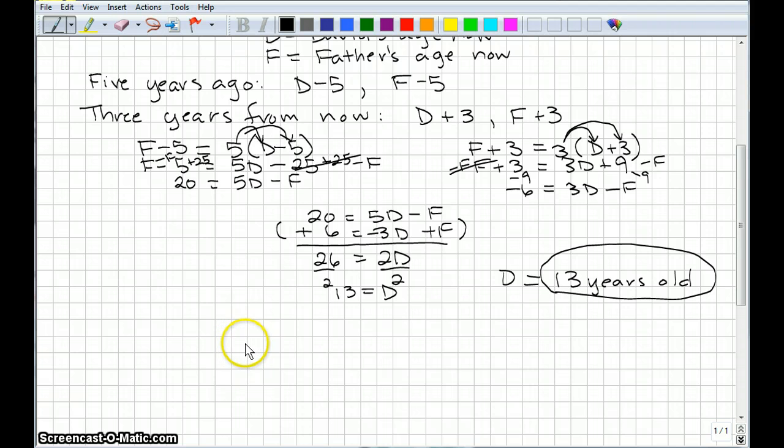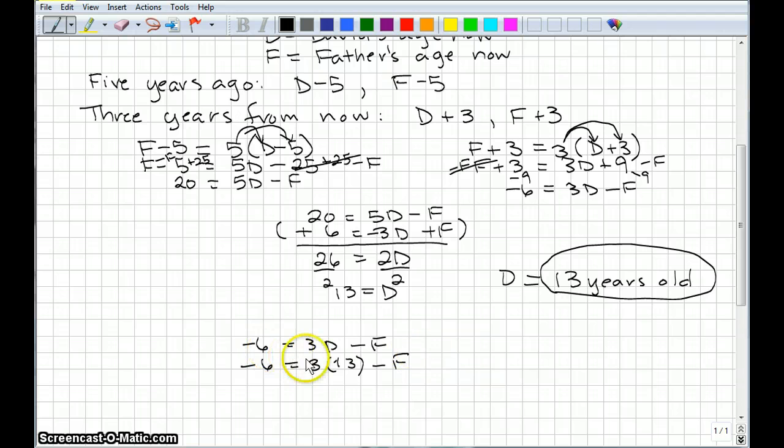We had negative 6 equals 3d minus f, right? So negative 6 equals, and if I plug in 13 for d, then that's still the minus f.